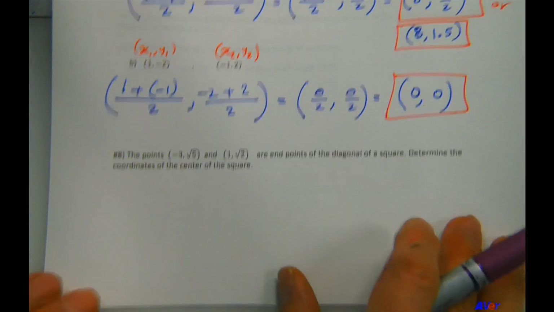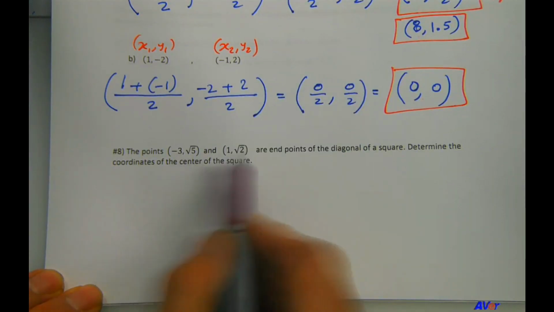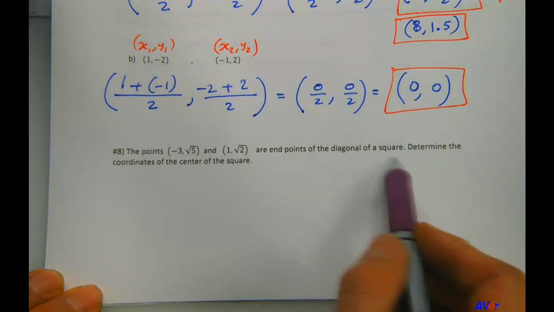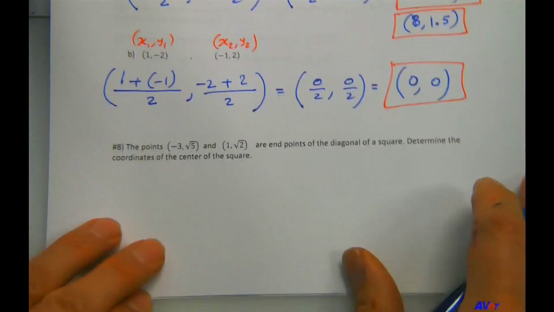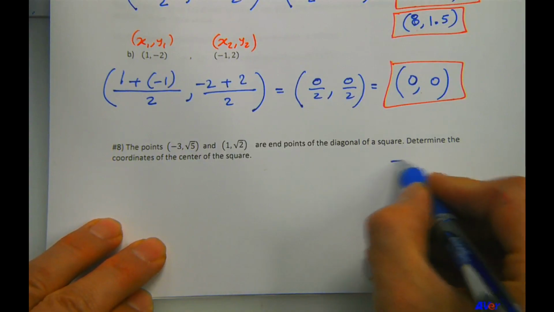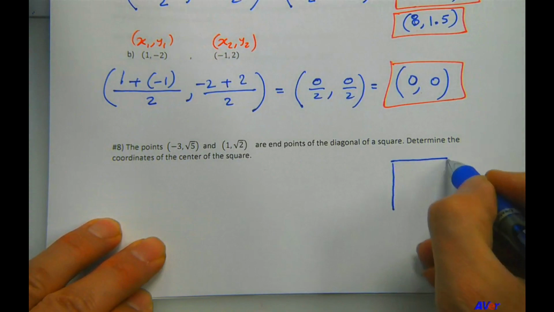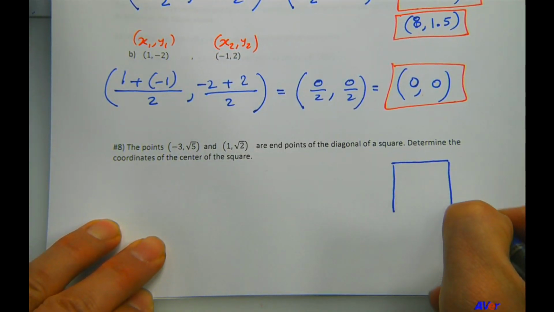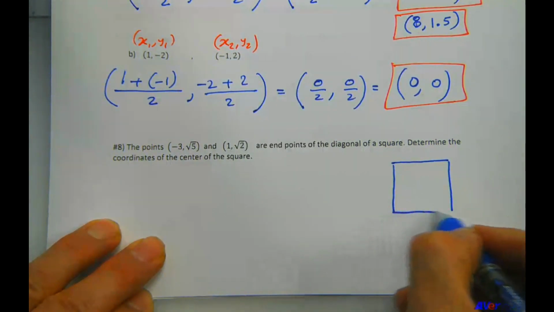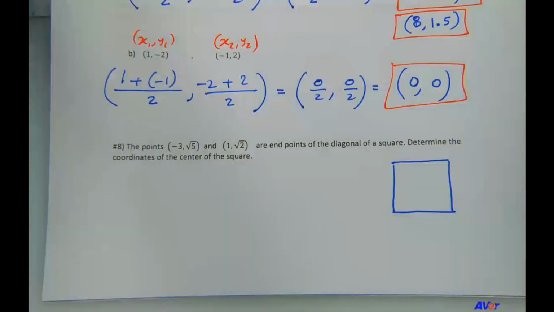Next problem, it says the points, these 2 points are endpoints of a diagonal of a square. Let's draw this. It's always nice to draw a picture when we can. It helps us better understand what we're doing. So suppose that's a square, right?